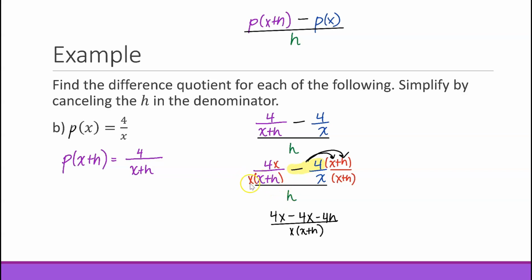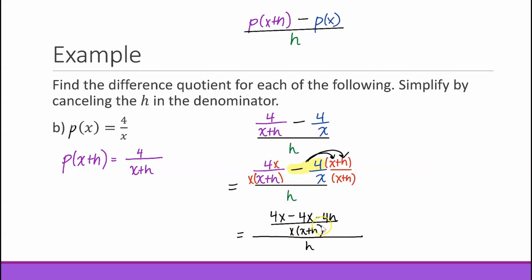So I'm not bothering to distribute in the x on the bottom. I'm just leaving it as the common denominator, x times the quantity x plus h, and then all over that h. All over that h. So we can put equal signs here. Our previous line is equivalent to our following line.